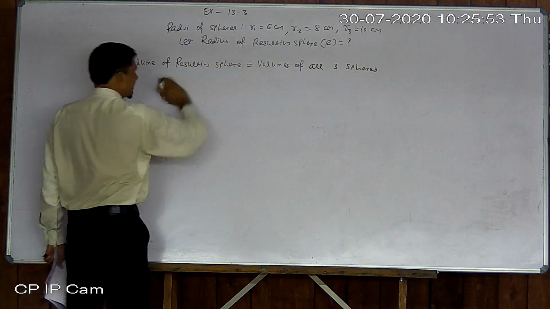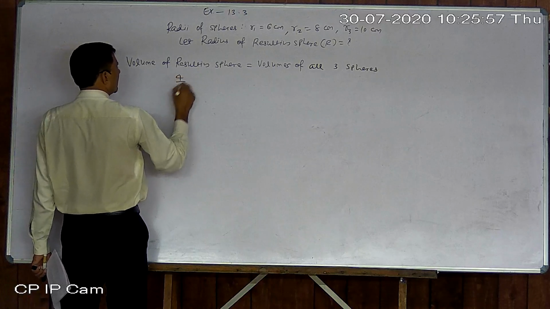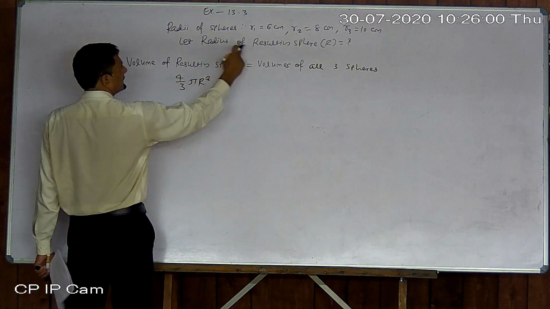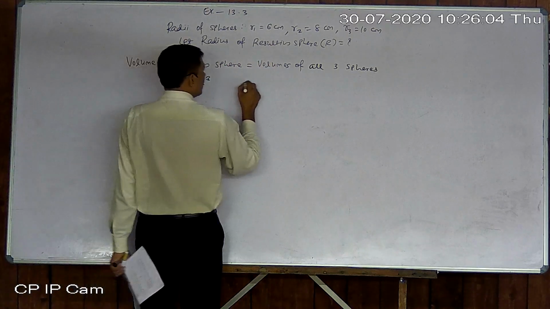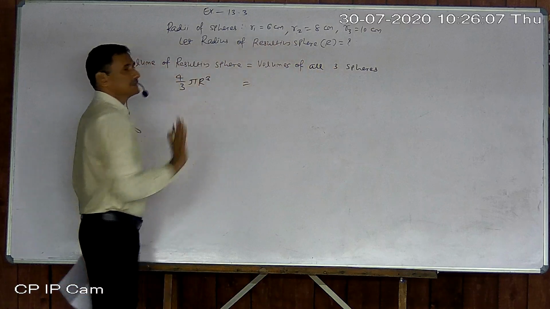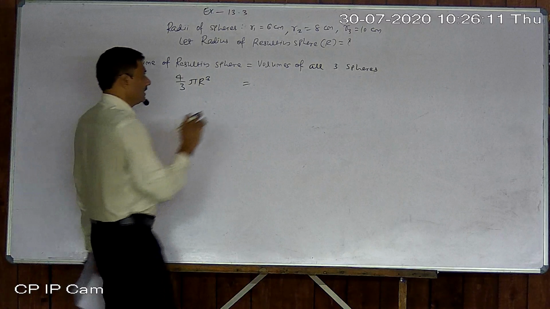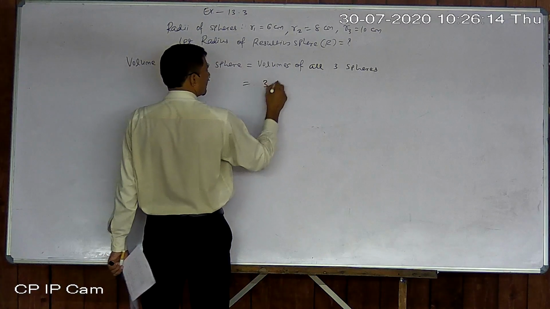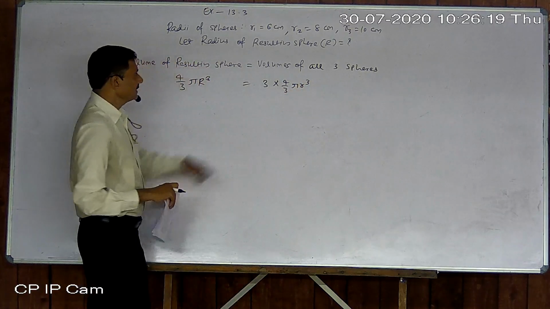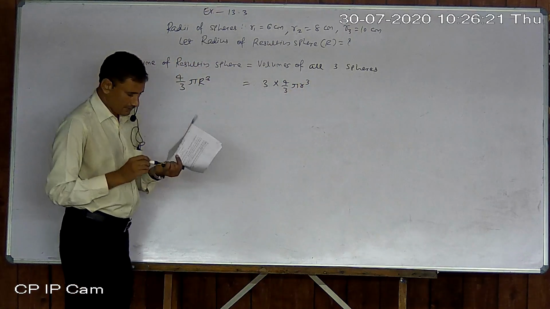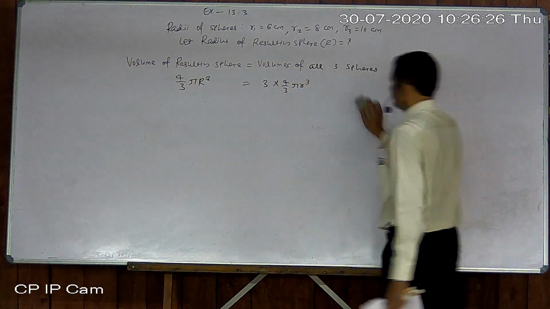You can write this one here, that here. Anyway, that is not important. So this is 4 by 3 pi r cube. Why? I just suppose here r for the resulting one. Now, they are all of different sizes, so do not multiply any. So don't write this way, 4 by 3 pi r cube. This is wrong. Why? The radius of all ones is different. Okay, so differently we have to write, meaning we have to write 3 terms here.